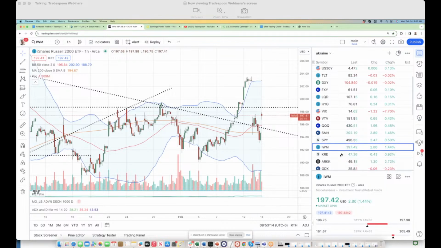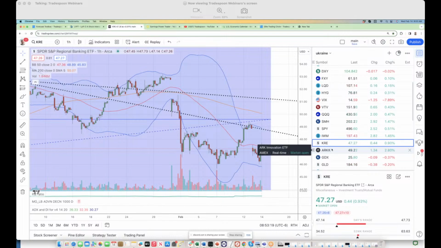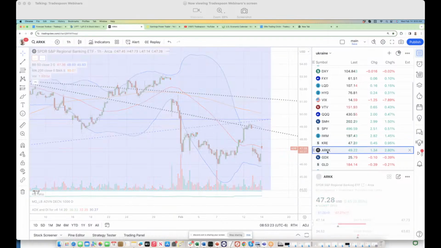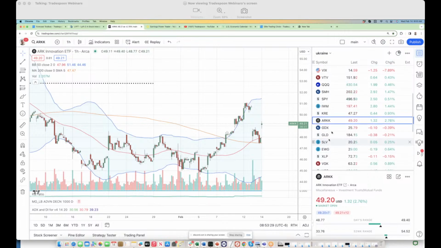200. Regional banks so far rebound is weak, right? It's already below the session high from yesterday. ARK Innovation, strong rebound on earnings from Robinhood and Lyft. Gold is still weak. Silver is still weak.